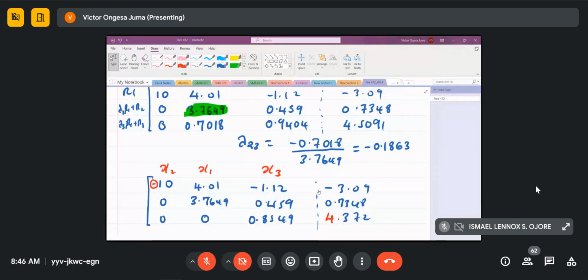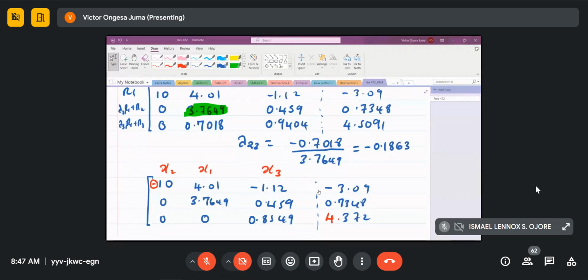If you want to find something accurate, for example to 2 decimal places, then your working should be to 3 decimal places. In short, if you want to determine your answer correct to 4 significant figures or m significant figures, then you should work to at least m plus 1, so that when you round off, you come back to m.